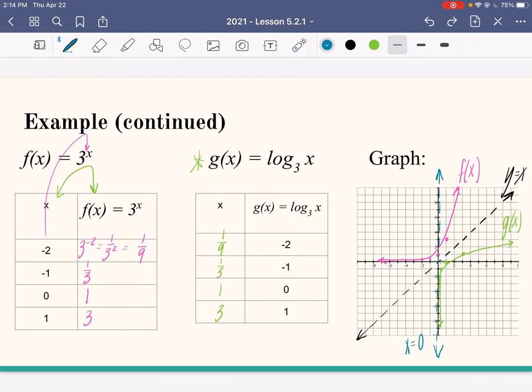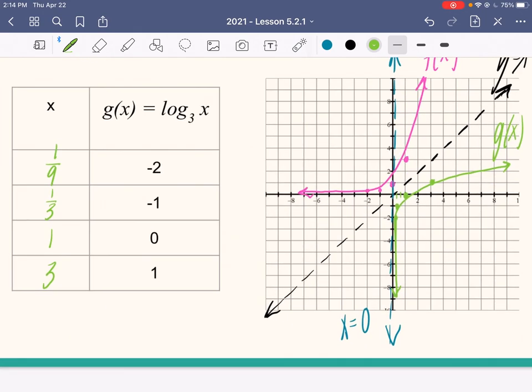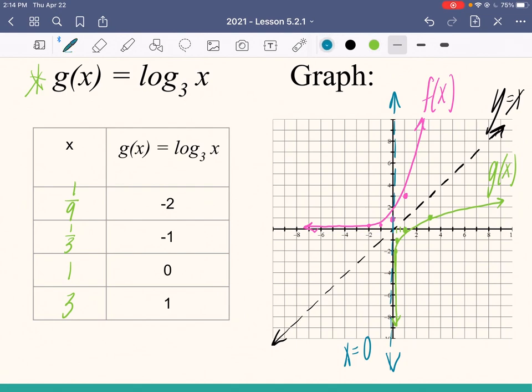So the cool thing about inverses is not only do they switch coordinates, so the x's and the y's switch, but you'll see in a second when we describe the characteristics of a logarithmic function, the domain and range switch as well, and so do the asymptotes, okay? So we go from having an asymptote at y equals 0 to now x equals 0.